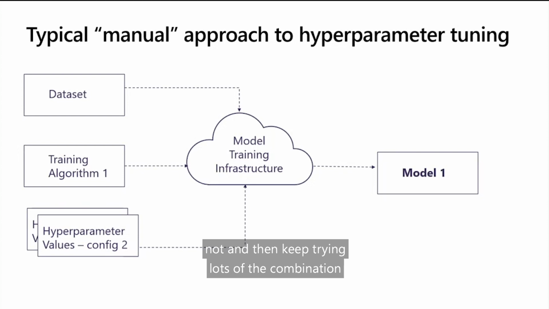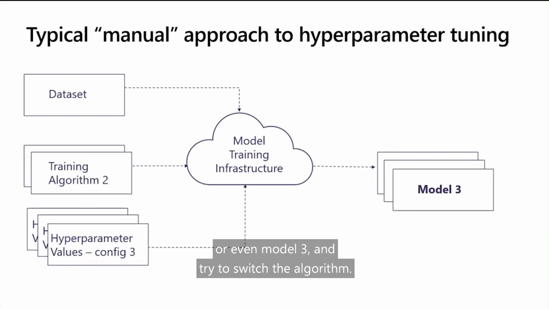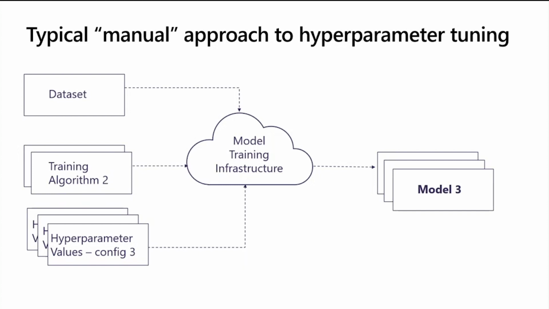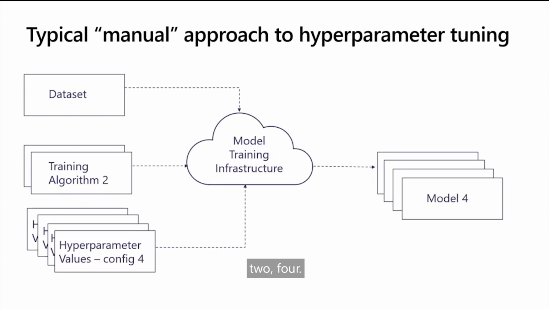Then keep trying many combinations of hyperparameters to train the model again, model 2, or even model 3, and try to switch the algorithm 1, 2, 3. Maybe you tune the hyperparameter again to 4.